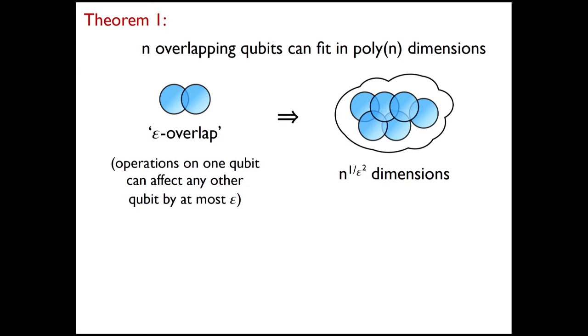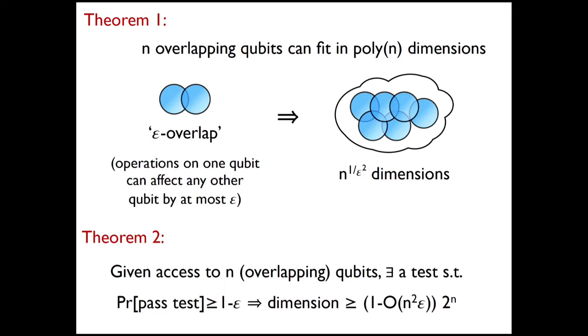However, we also show that low-dimensional systems cannot totally fool us. We give a test such that if a system with n qubits can pass this test with probability, say, 1 minus epsilon, then it must have dimension at least 2 to the n times a factor of 1 minus n squared times epsilon.